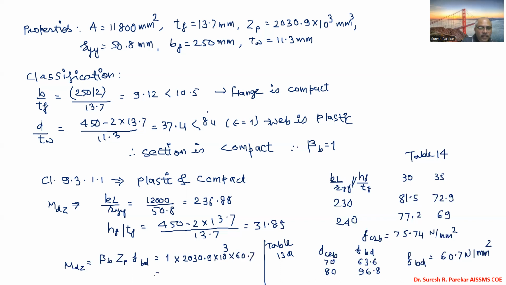And from this we will get this value of MDZ, that is 123.27 kilonewton meter. So into 10 raised to 6 Newton millimeter. So now as this value is greater than 102.51, we can go to the next part, that is the ND value.